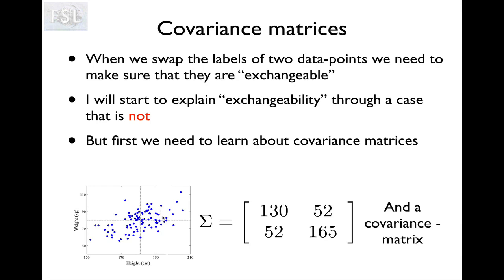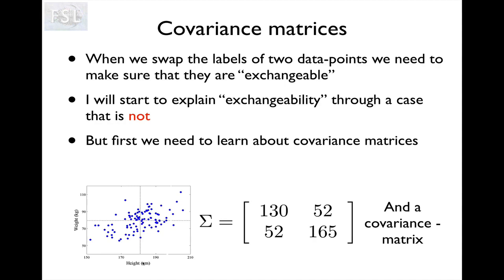And another way of saying this is that if we know the height, let's say we know where we are here, we can already say something about the weight. I mean, if we have no idea what the height is, then the uncertainty of the weight is the full uncertainty.